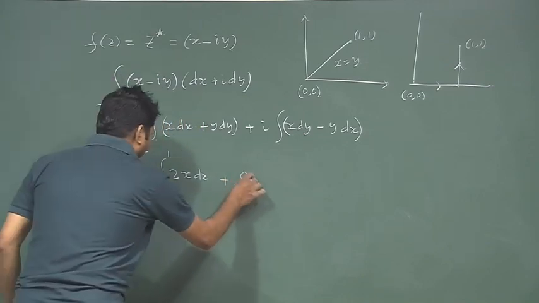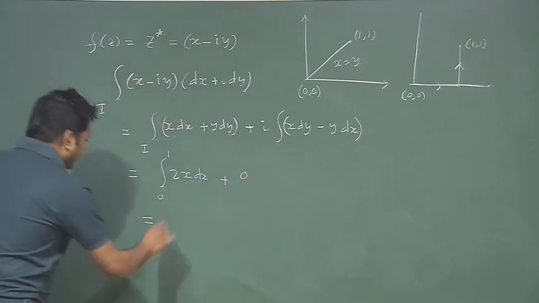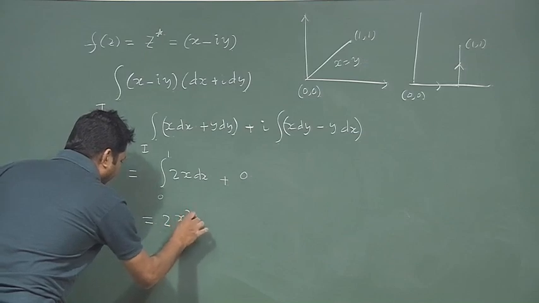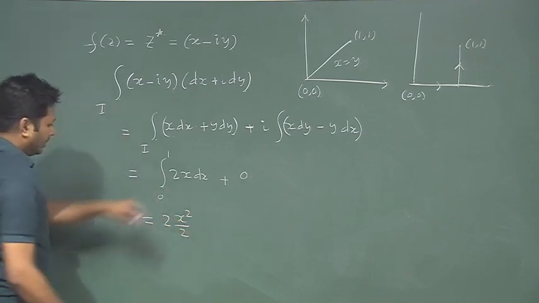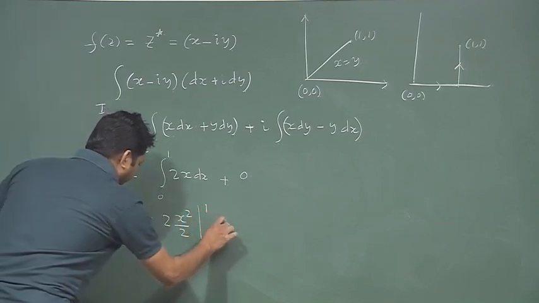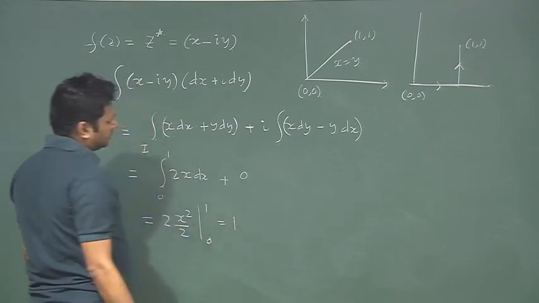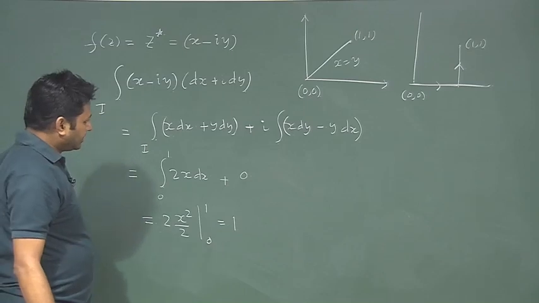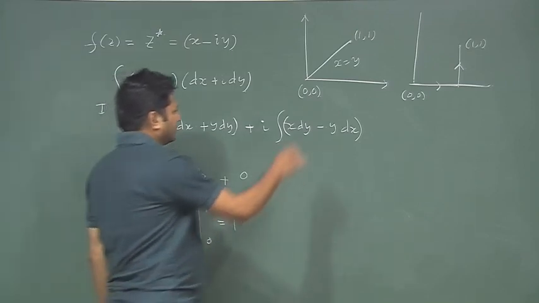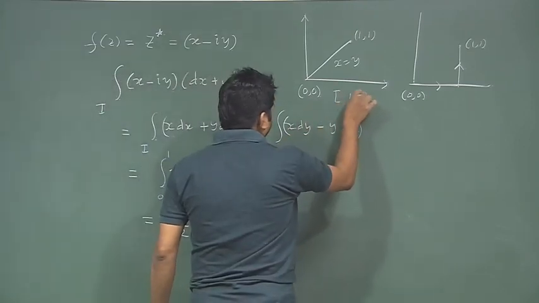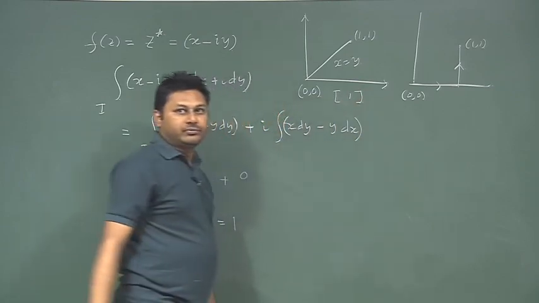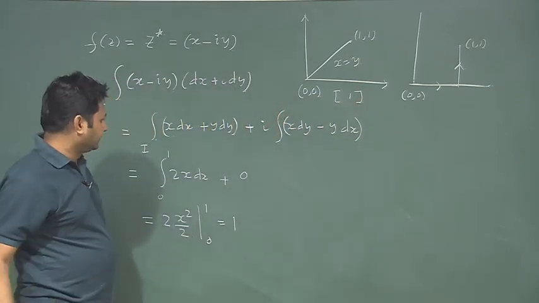So, I will have 0. Here what value am I getting? 2 x square by 2, from 0 to 1, which is 1. Okay, so the value of this integration is 1.